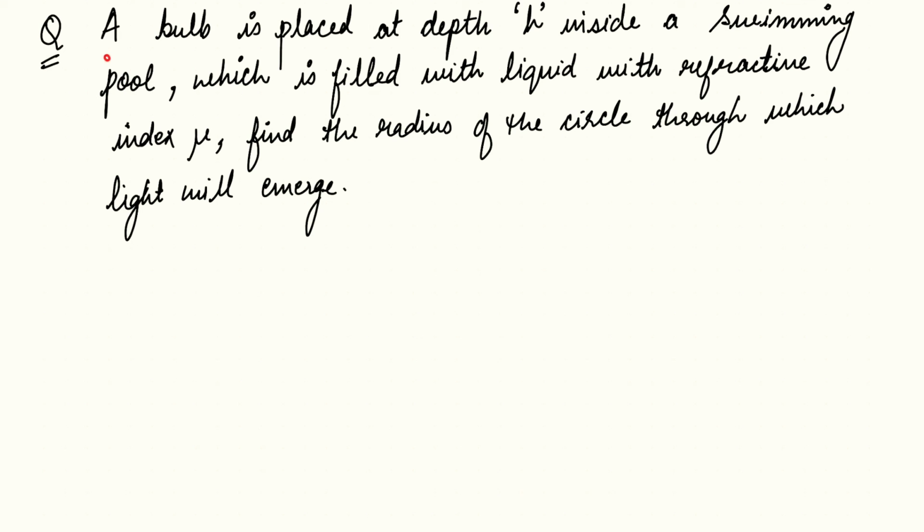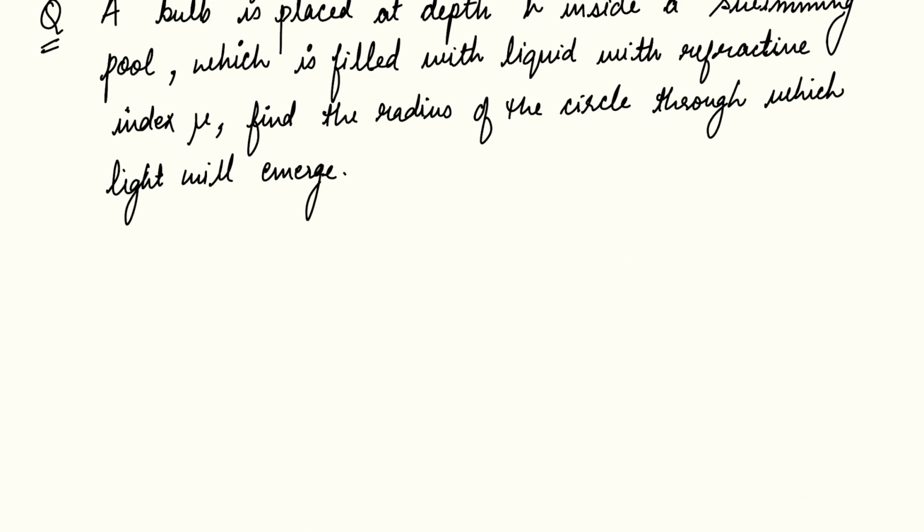The question is, a bulb is placed at depth h inside a swimming pool which is filled with liquid with refractive index nu. Find the radius of the circle through which the light will emerge. All right, so what is going to happen? Let's quickly draw it. Let's say this is the interface of the swimming pool and air.